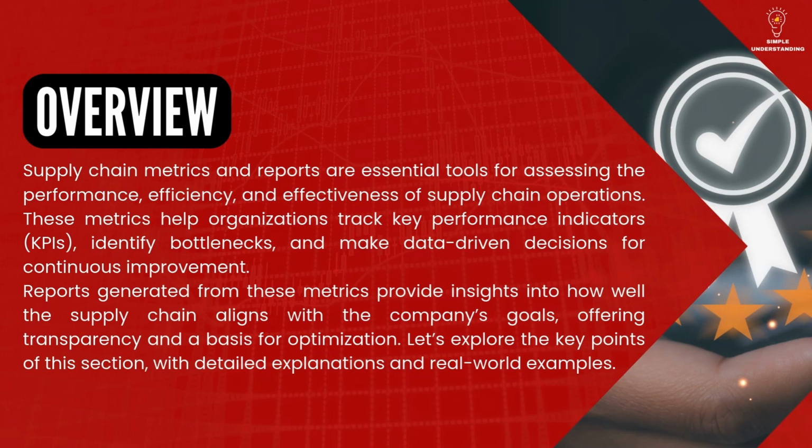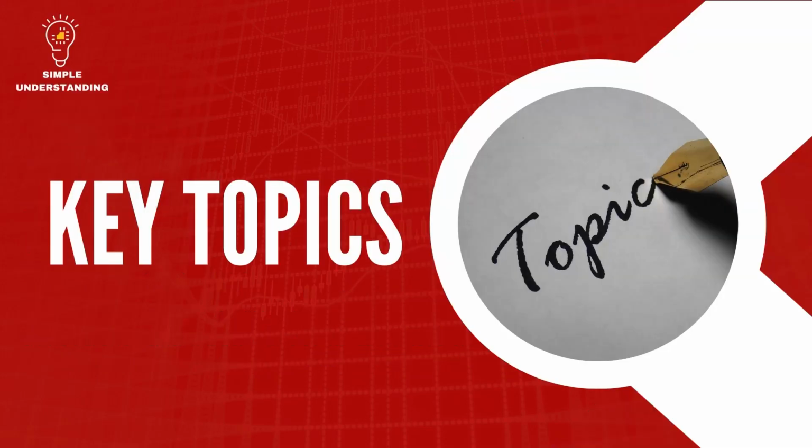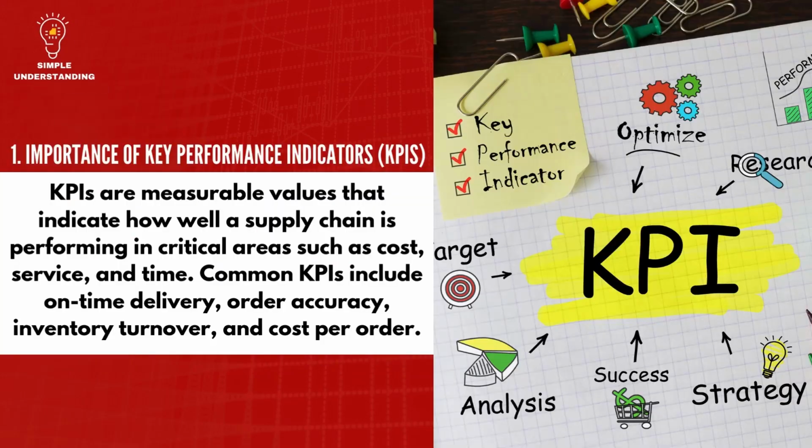Let's explore the key points of this section with detailed explanations and real-world examples. Key topics. 1. Importance of key performance indicators, KPIs. Explanation. KPIs are measurable values that indicate how well a supply chain is performing in critical areas such as cost, service, and time.